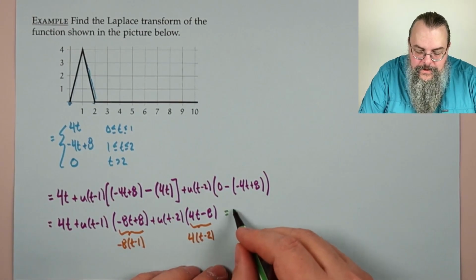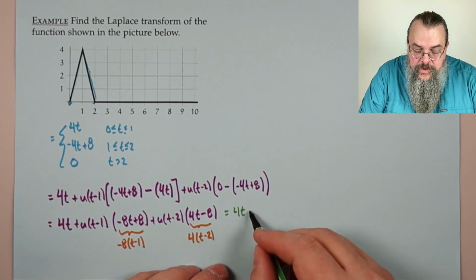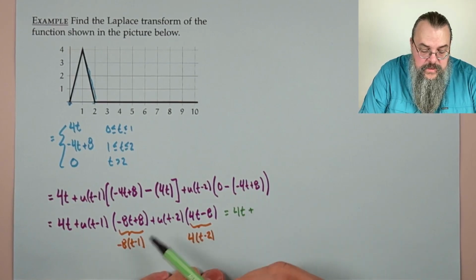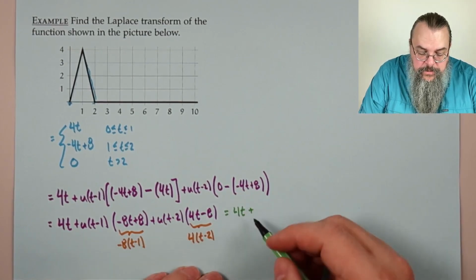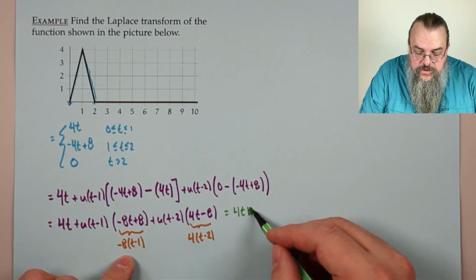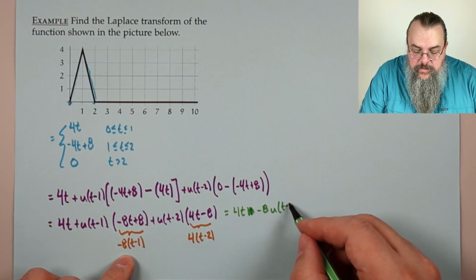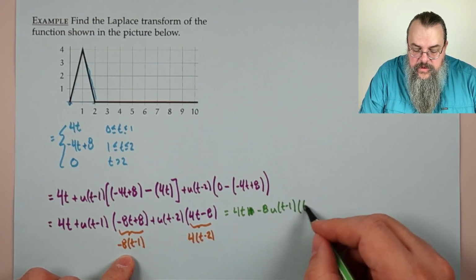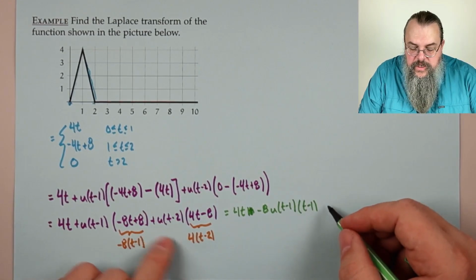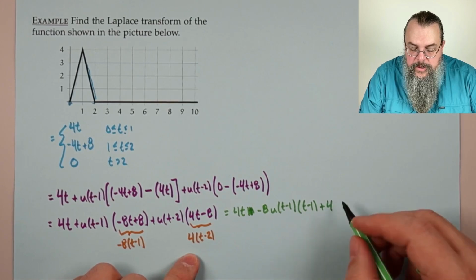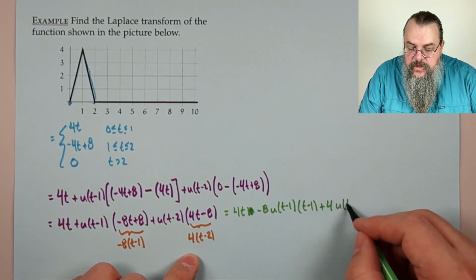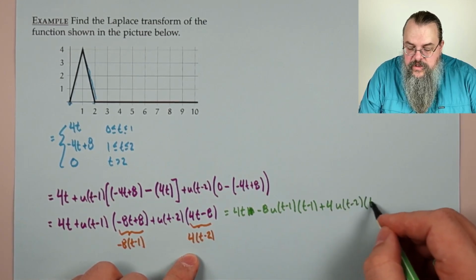We have 4t, and actually, let's not put a plus. We'll change this to a minus 8 u(t minus 1) times (t minus 1). And here will be a plus 4 u(t minus 2) times (t minus 2).